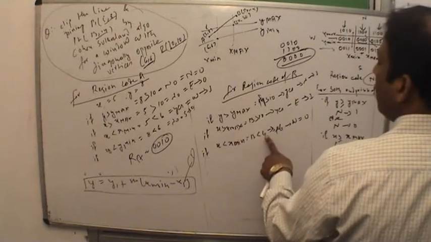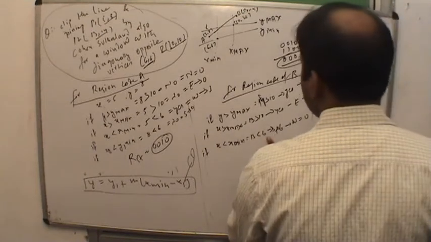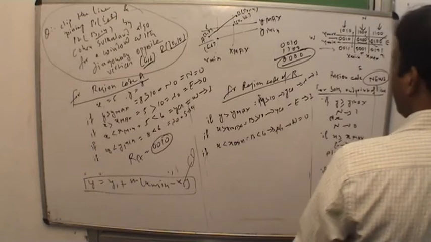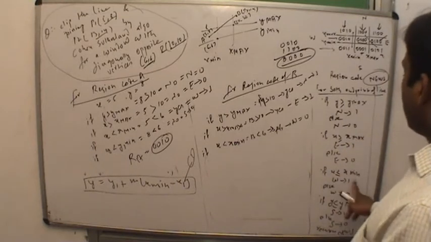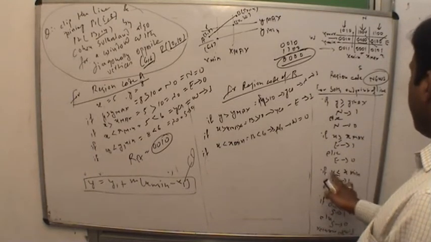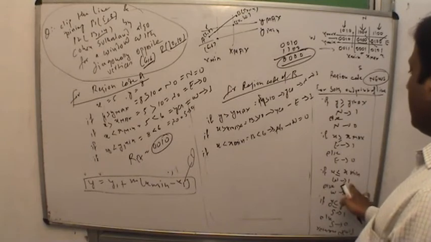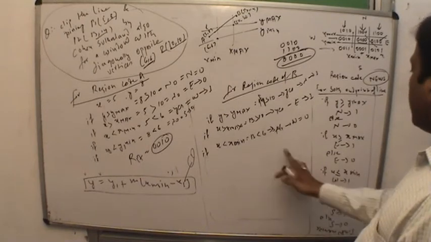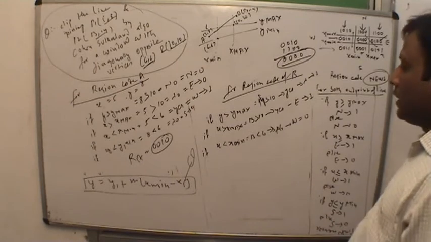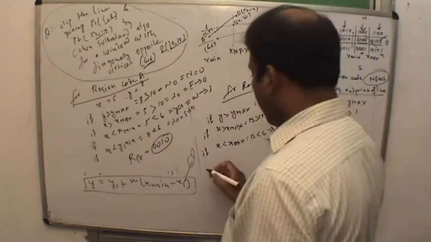So 13 less than 6, no. So we set the value of west to 0. According to these equations, when x is less than x min, we set west to 1. But we do not have x less than x min, so we set west to 0.